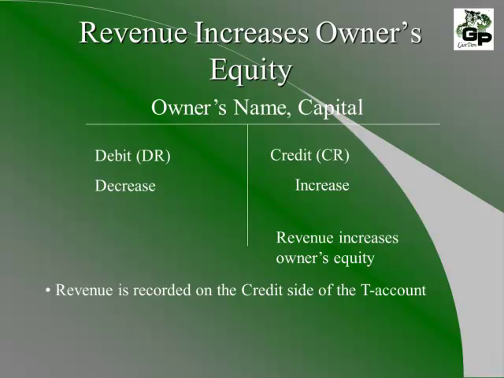We have an account called the capital account. This is where we record the owner's equity. And we have learned that the increase side for the capital account is the credit side, and the decrease is the debit side. We also know that revenue increases owner's equity, and that's why it increases on the credit side.